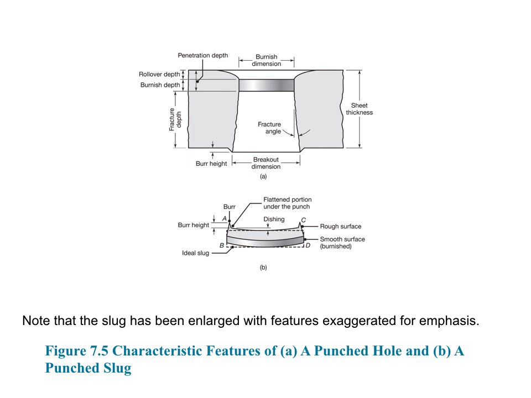And on your slug, what do we see here? You see the burr height that corresponds to the one on the hole, the ideal slug, the rough surface at the ends. Then you see something called a smooth surface. That is called a burnish surface.